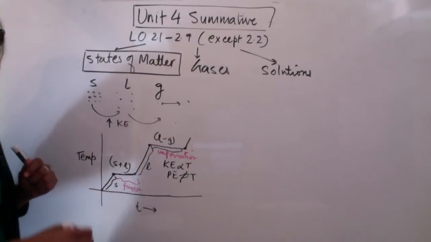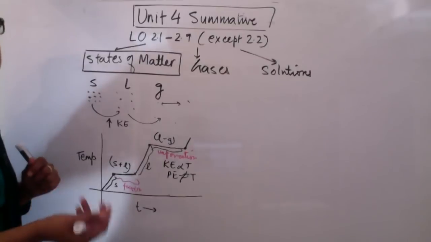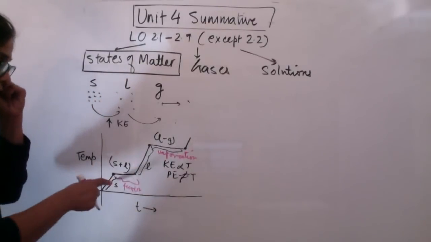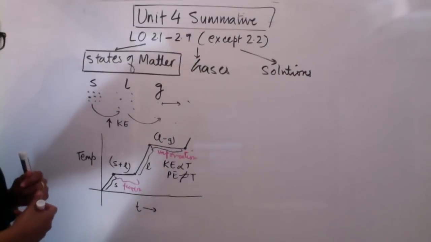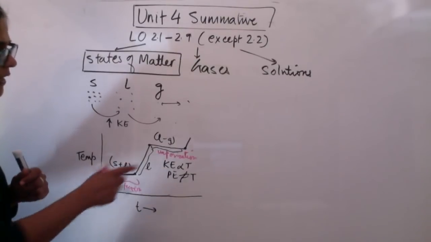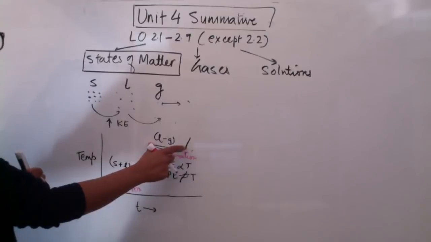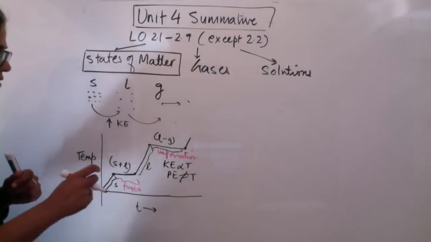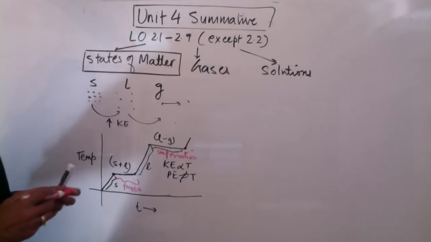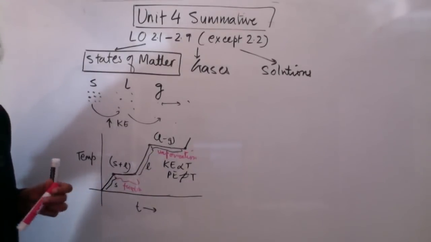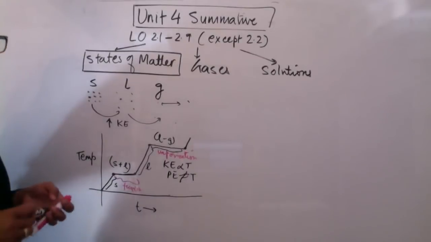But in this part, you are partly overcoming a few intermolecular forces, because solids have a lot more than liquid, but liquids still have a significant number of intermolecular forces of attraction. And that is why heat supplied in this part for liquid to gas conversion is greater than heat applied in this part.